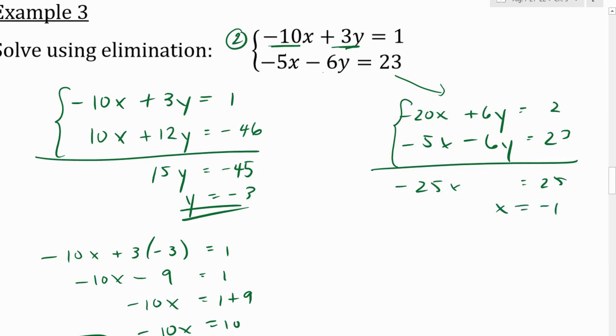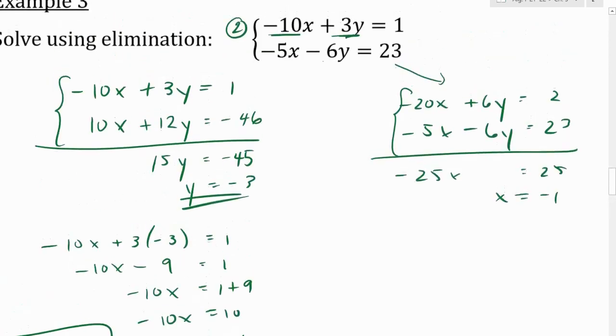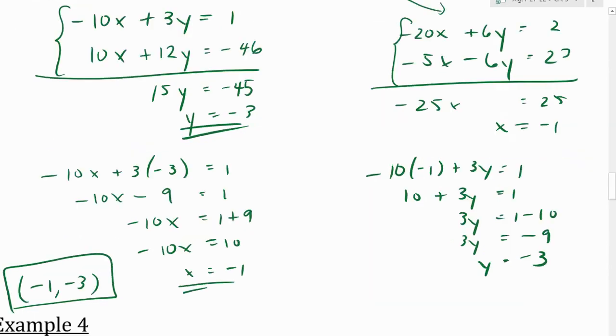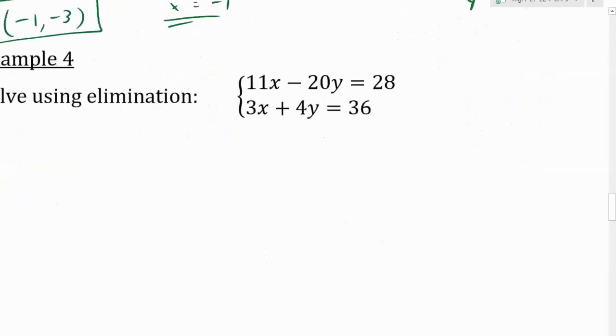Ooh, there's x is negative 1. That's what I got the other way. And if I plugged in x is negative 1, then I'll get the exact same answer. So it's just, you just have to choose.